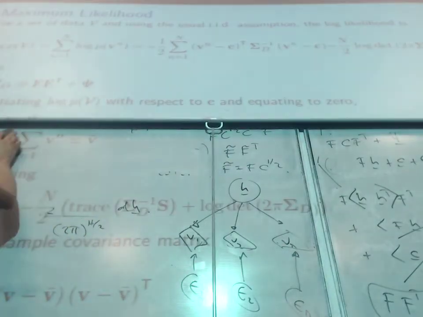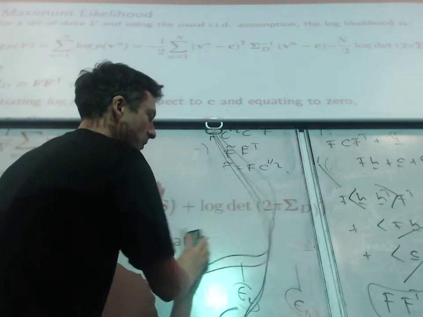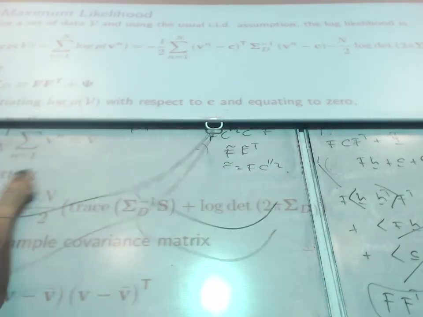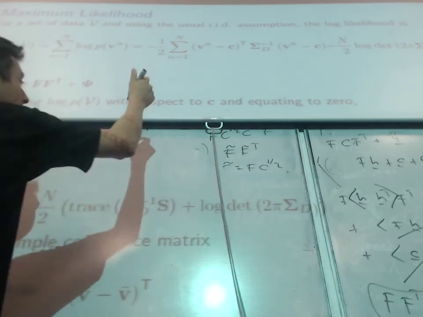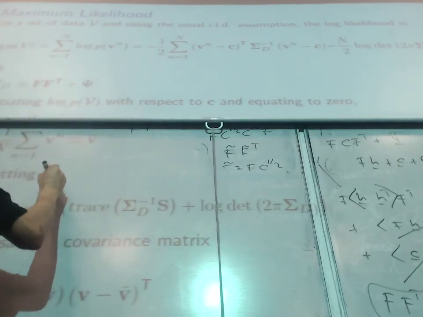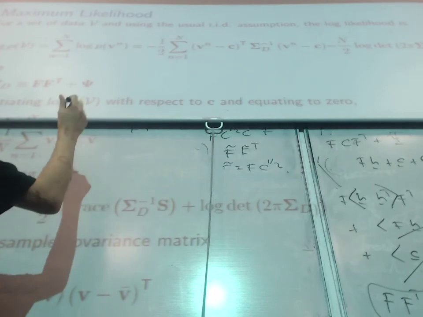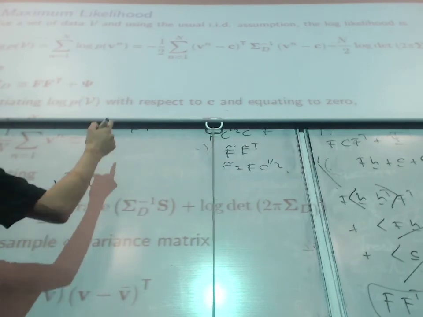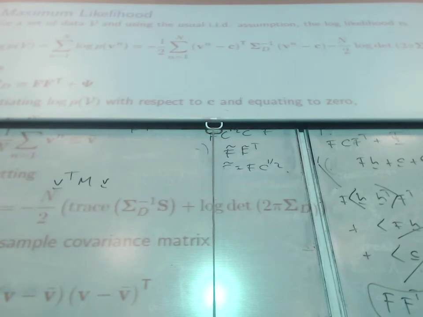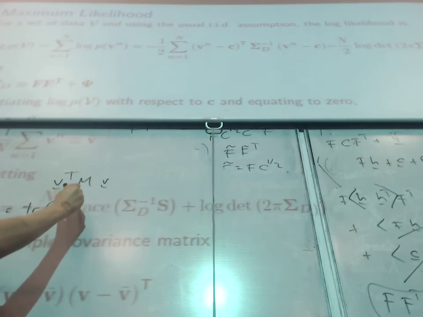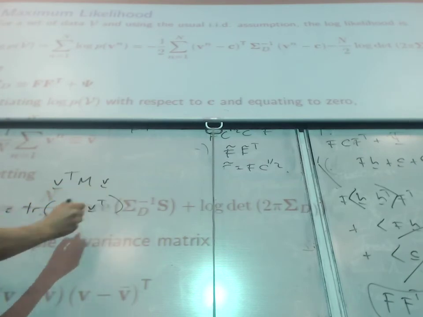This is another classical algebraic manipulation that's useful. So this term is of the form V transpose, some matrix M, times V, where V has something subtracted. But this is equal to the trace of V transposed.